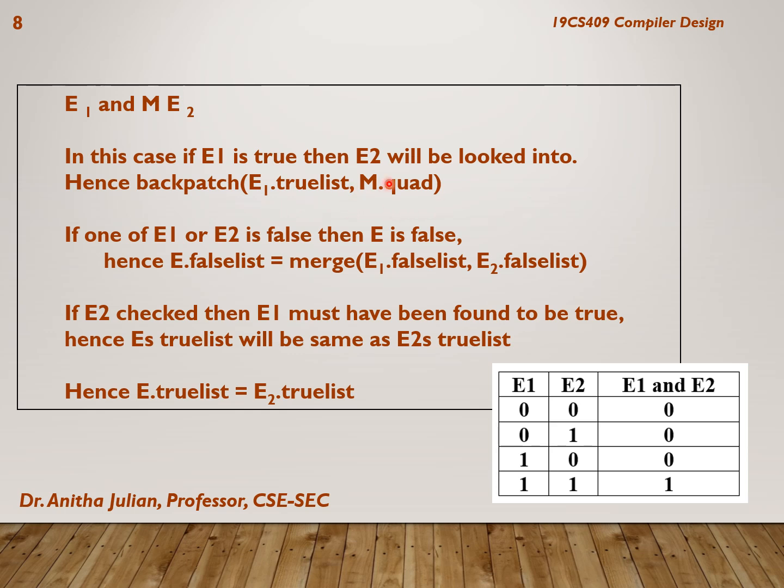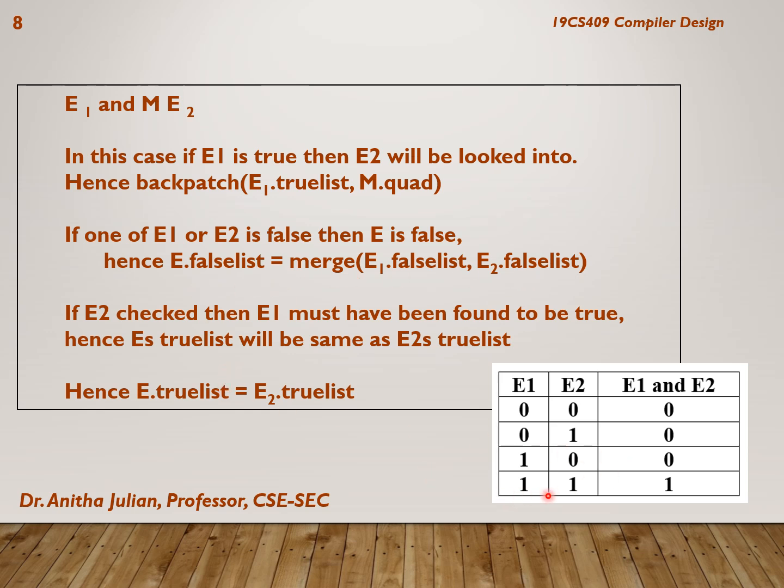M quad, we said, is for the marker to indicate that we need to go to the next operand. Supposing any one of them is false, then you know very well the combination. If any one is false, all the first three conditions, definitely it is false. So we can easily assign the false list as merging E1 false list and E2 false list. That is, if either one of them is false, when I merge, the answer is going to be false.